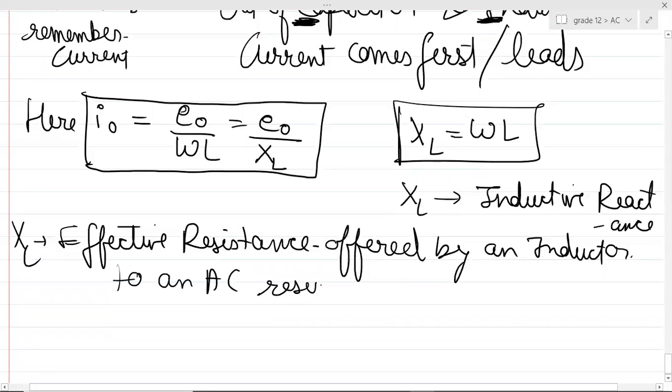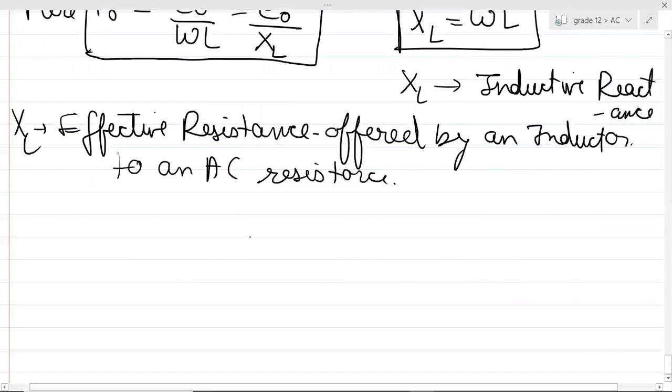Is this clear, guys? So I told you our resistor is just like a spendthrift boy. He will spend whether the current flows from one side or the other; it does not depend on that, and it will always dissipate. Whereas XL and XC, the capacitor and inductor, are both like the big brothers, the elder siblings.